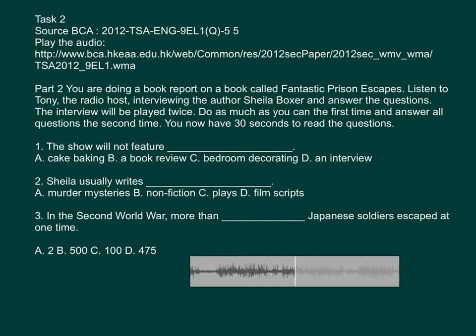No, that part was just used to make the film more exciting. So, what are some of the escapes that you mention in your book? Well, some happened during the Second World War. For example, in Australia, over 500 Japanese prisoners escaped on one day. Wow! That is a huge number.